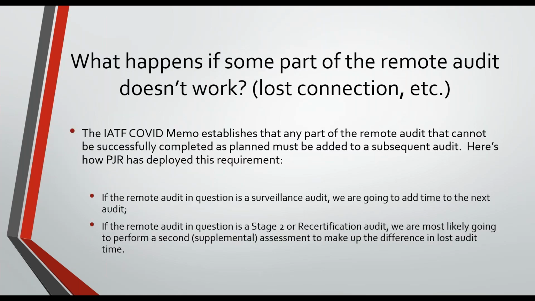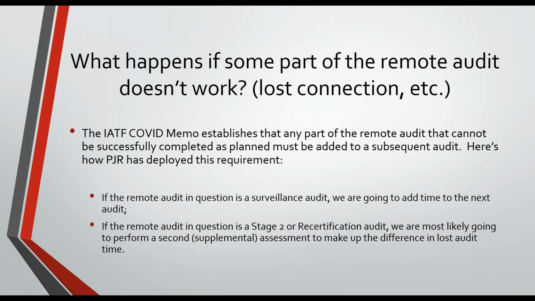So what happens if we do our test, but unfortunately some part of the remote audit goes off the rails? Well, the COVID memo states that if any part of the remote audit cannot be completed, whatever time's been lost has to be added to a subsequent audit. So if the audit that you're doing remotely happens to be a surveillance audit, we're going to add whatever time was lost to your next audit.